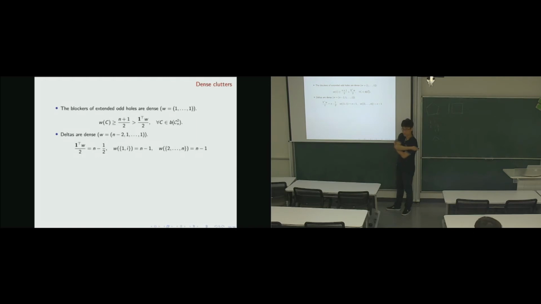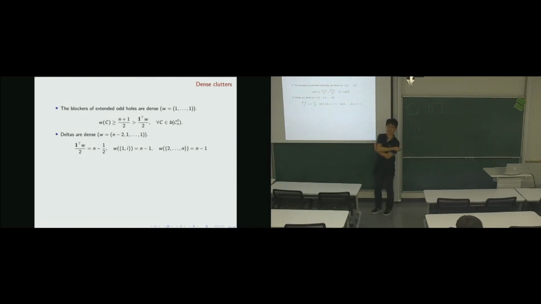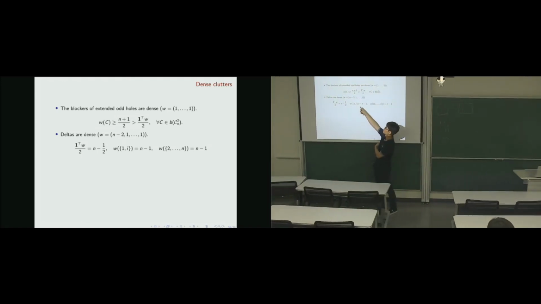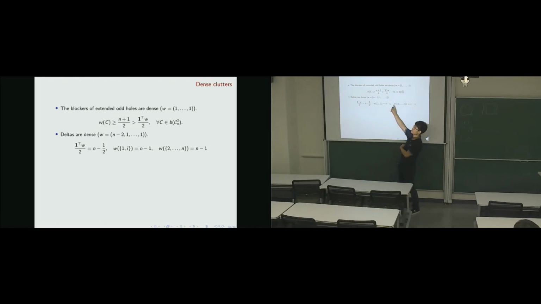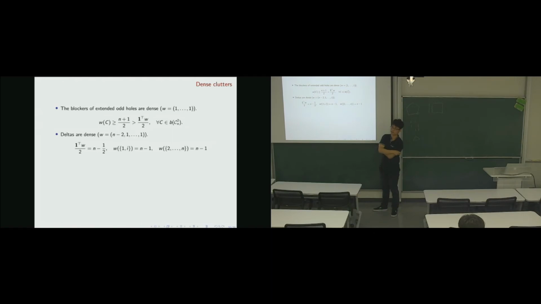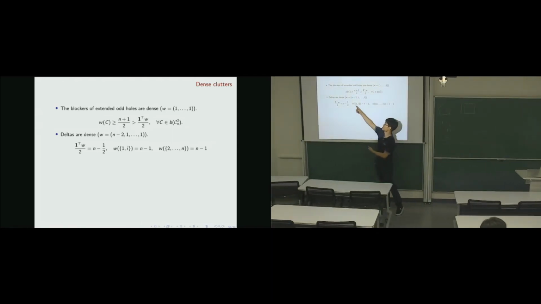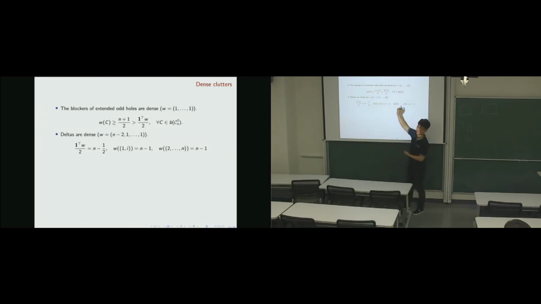So the blockers of extended autos are dense. Remember that every minimal cover of an extended auto has cardinality at least (n+1)/2. So if you plug in the all-ones vector for W, then it'll prove that it's dense. And deltas are also dense by setting W to this one.